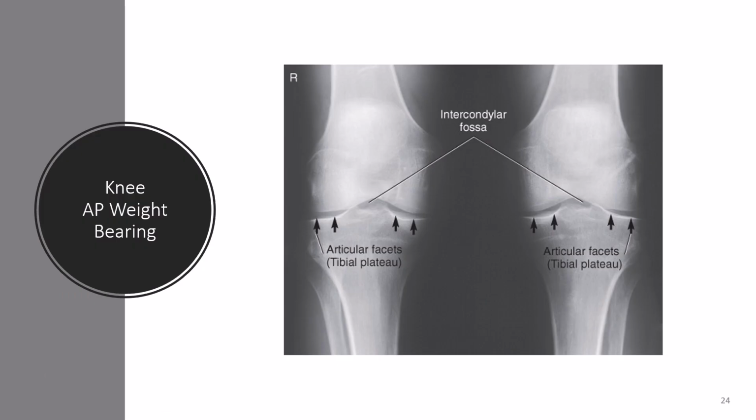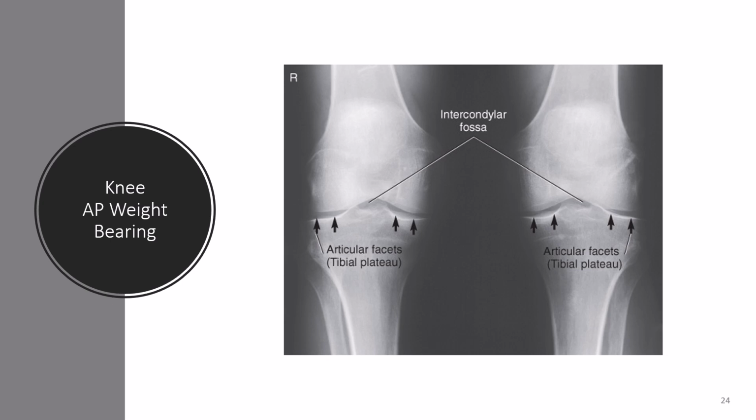And that image would then look like this. You can see both knees on there, and it shows how the joints behave under the patient's own body weight. You see distal femur, proximal tibia and fibula, and the femoral tibial joint space demonstrated bilaterally.